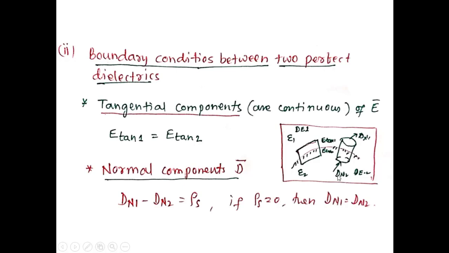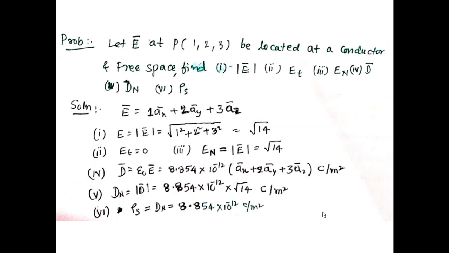The normal component Dn1 is coming inside the cylinder and Dn2 is going out. Outgoing is taken as positive and incoming as negative. Therefore, Dn1 minus Dn2 is equal to rho s. If rho s is equal to 0, then the normal components of the electric flux densities are equal.